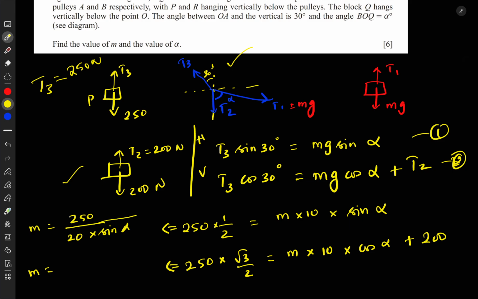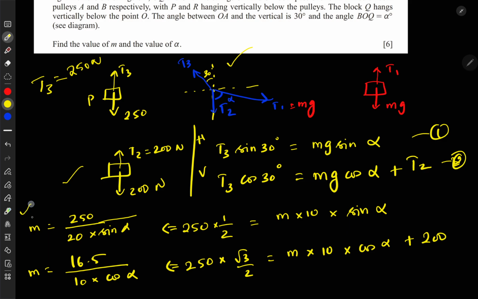Let me calculate: 250 root 3 by 2 is 216.5. 216.5 minus 200 is 16.5. 16.5 divided by 10 cos alpha.